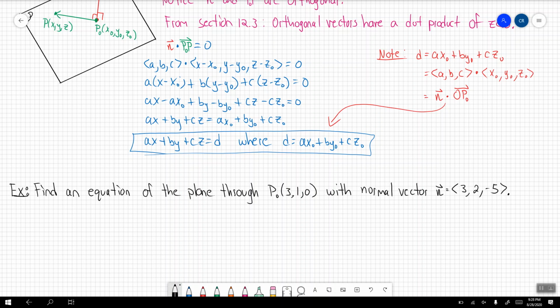All right, awesome. So again, find an equation of the plane. Now, finding the equation of a plane is slightly different than finding the equation of a line.